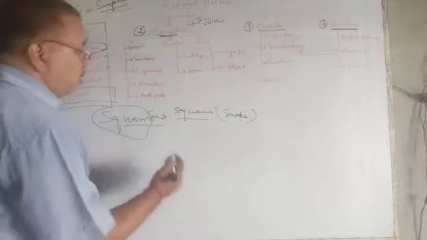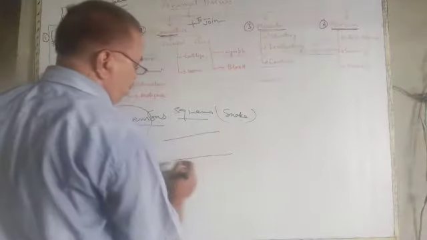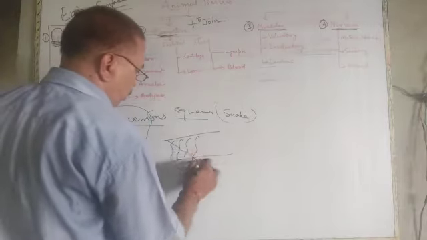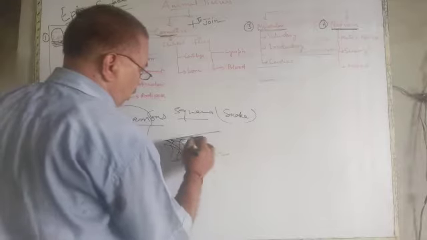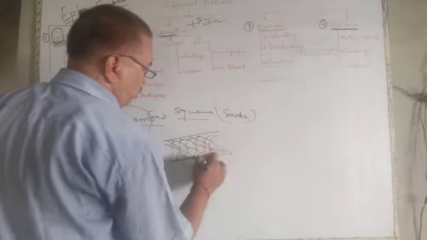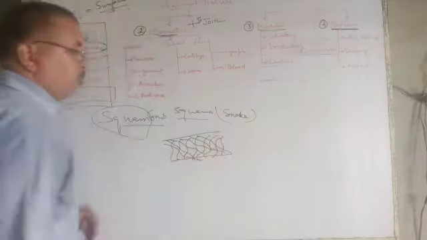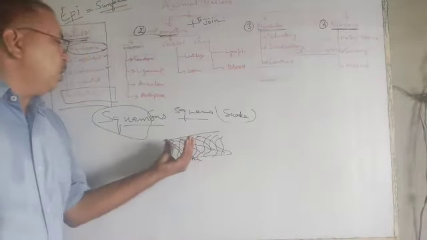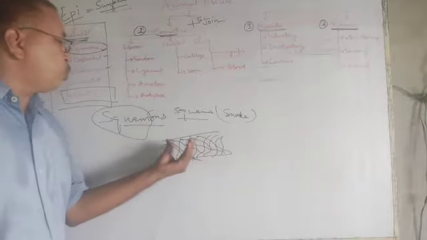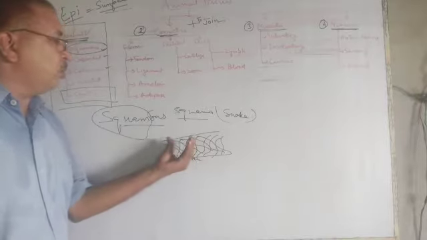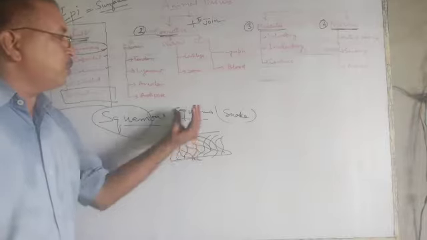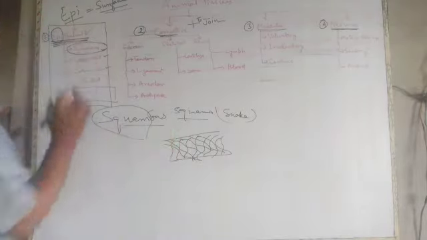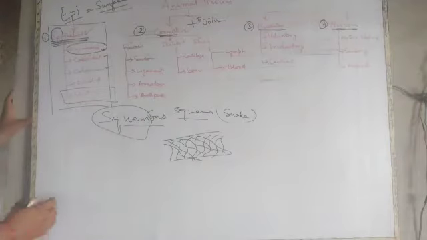The relation is this: when you see the body surface of a snake, you see a pattern, a design on their body. You can see different types of designs on their body, and this pattern on the body surface of the snake is similar to the pattern of arrangement of cells in the squamous epithelium.